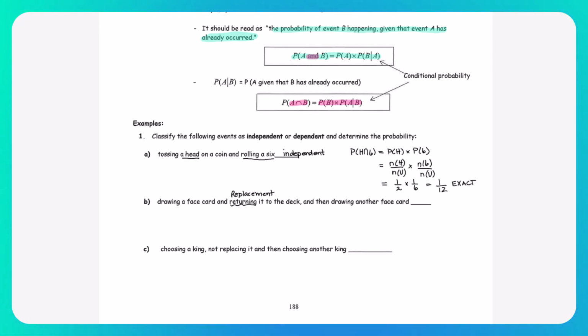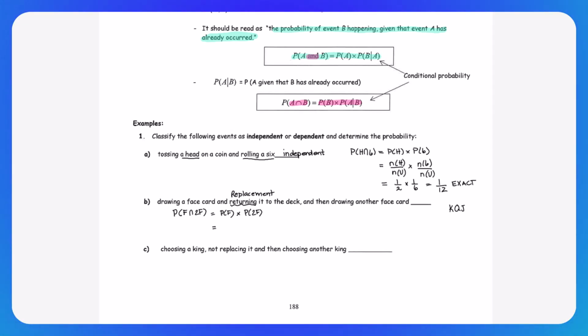So if we are going to say what is the probability of a face card and then a second face card, we would say, well, that's the probability of getting the first face card, and then we're going to multiply it by the probability of getting the second face card. And just a reminder that the face cards are king, queen, and jack, and there are 4 suits, each with its own king, queen, and jack.